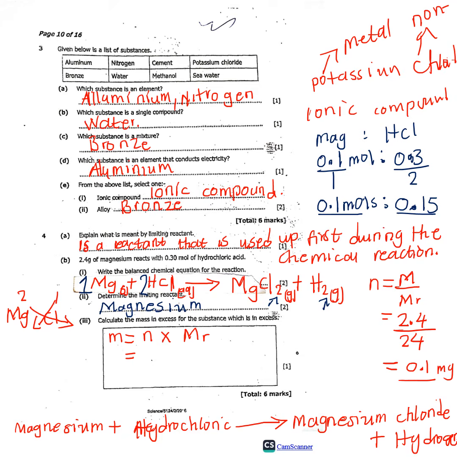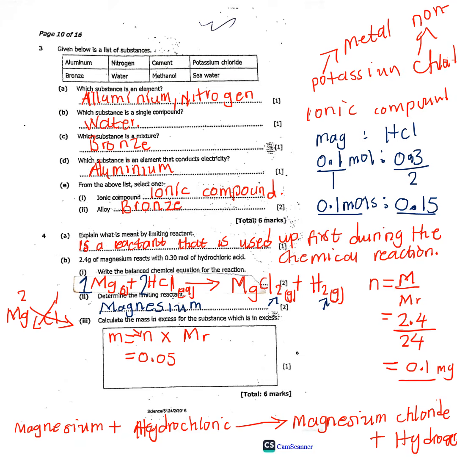So if we subtract 0.15 minus 0.1, we get 0.05. So 0.05 represents the number of moles that remained unused. This is the one that we are going to substitute, since we are calculating the mass in excess, so the mass that was not used.